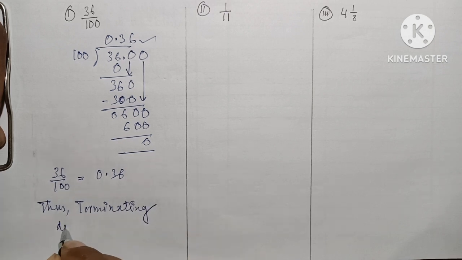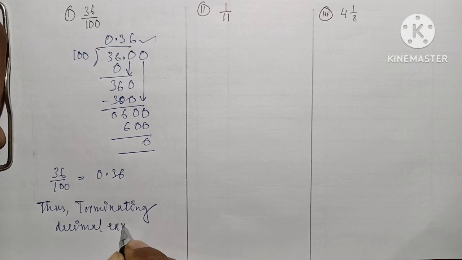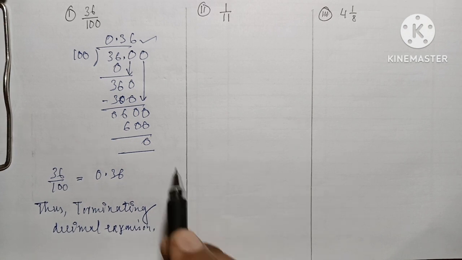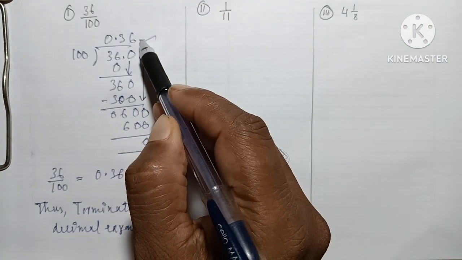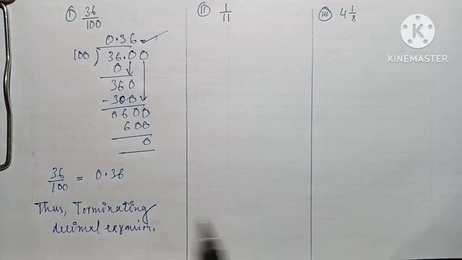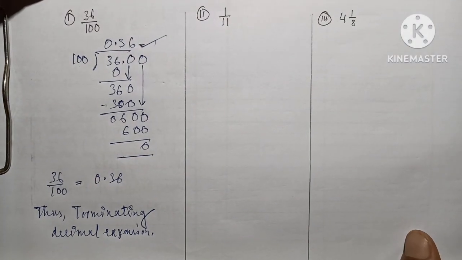In this question it terminates here, it is not repeated, therefore it is a terminating decimal expansion.